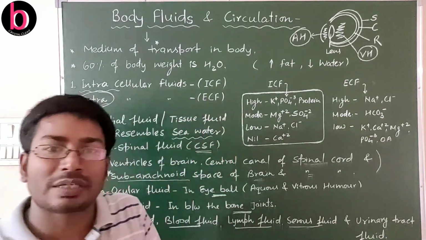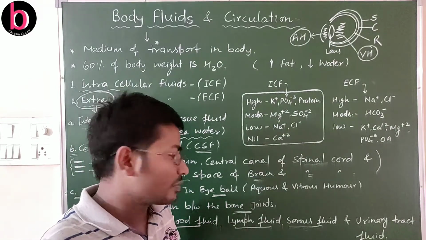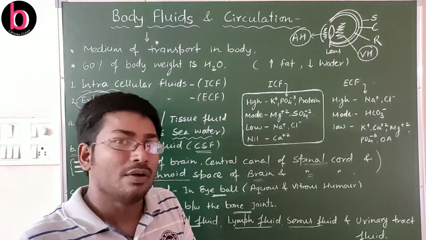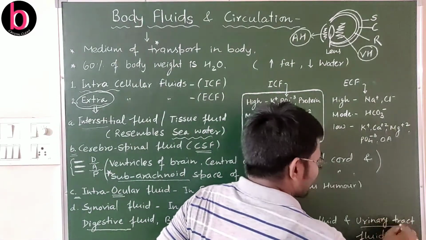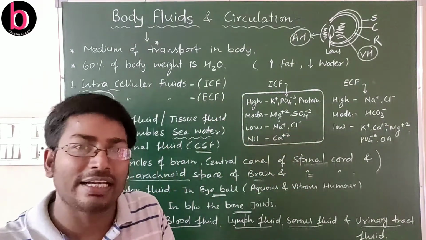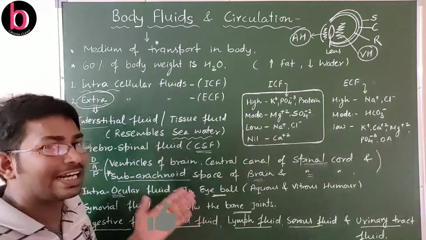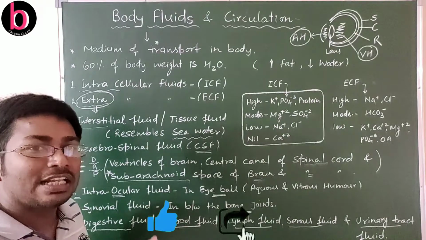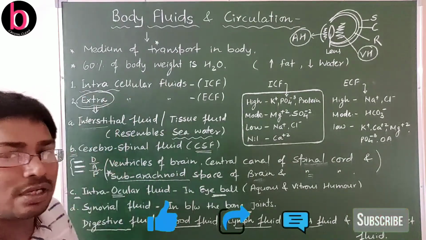This is the fluid which is present around the kidney, around the heart, around the lungs, like pericardial fluid, visceral fluid. This is serous fluid. And last, this is about urinary tract fluid. So these are a variety of fluids that are present inside the cells or outside the cells, that is extracellular fluid.